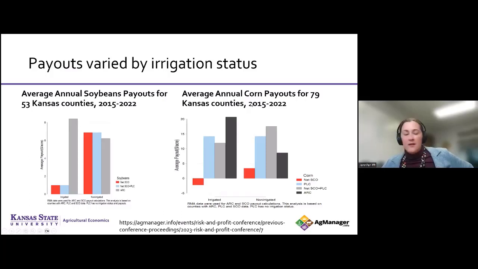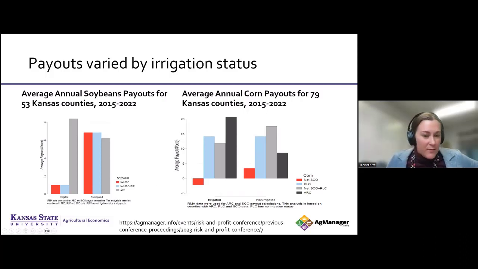Then for corn, these are the counties where FSA reports separate irrigated and non-irrigated yields for ARC. For irrigated, ARC payouts were higher than PLC, but for non-irrigated, you had higher PLC payments than ARC.